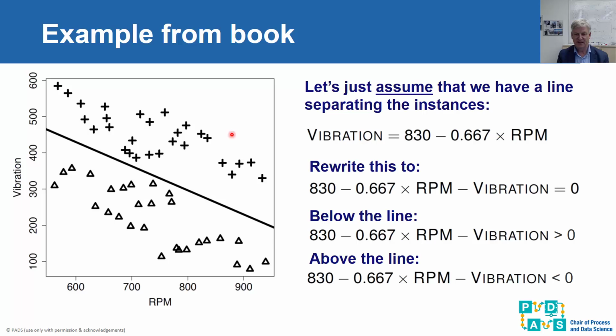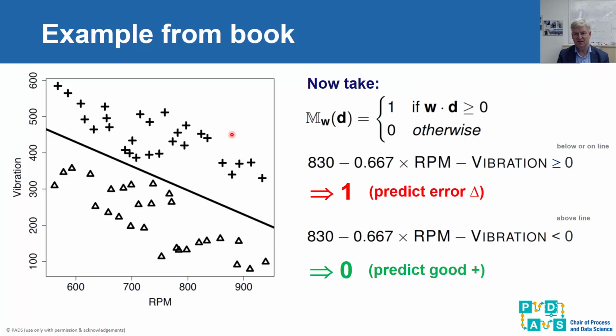So it's very similar to what we have seen before. Now we need to choose again an encoding, and the encoding depends on what we interpret to be above or below the line. Here, if we have a value bigger than 0, then it is below or on the line, and then we predict this triangle that is equal to 1. That's what we see here.